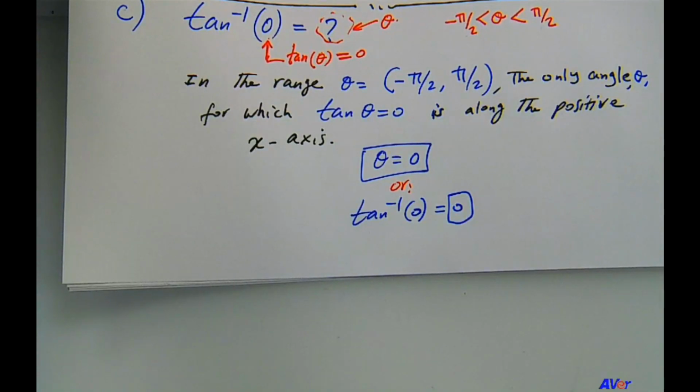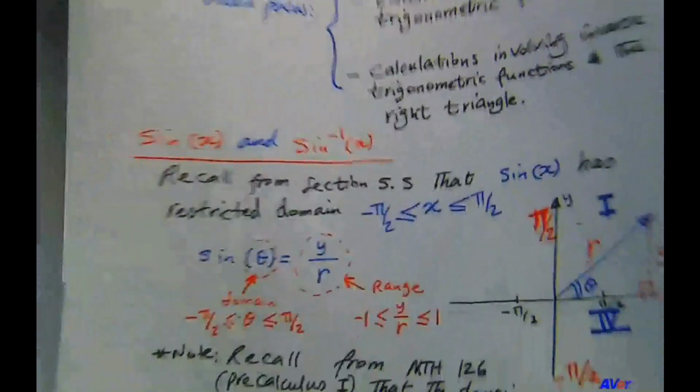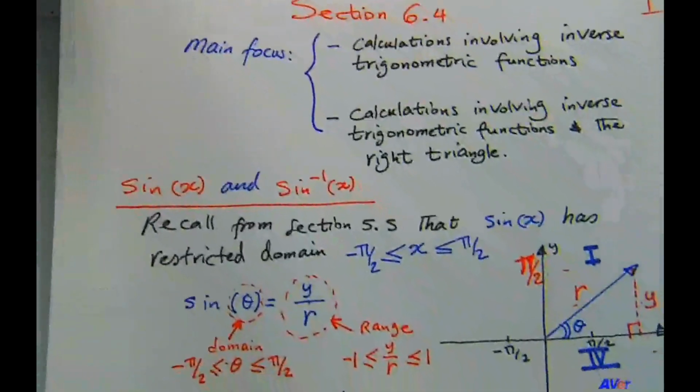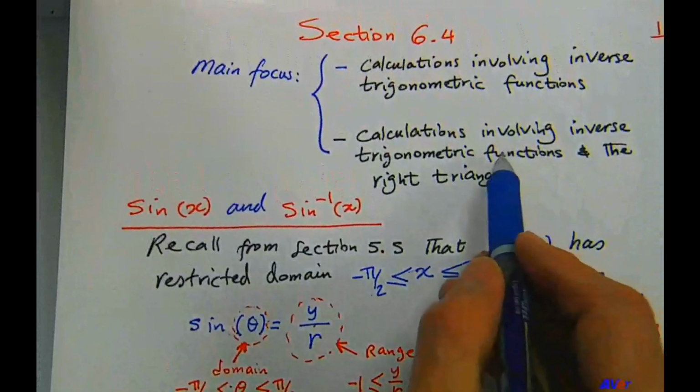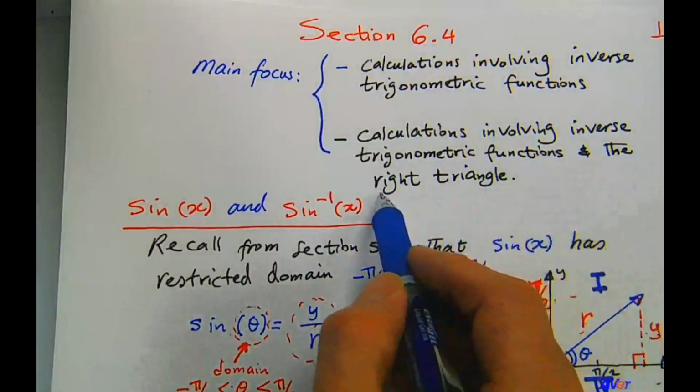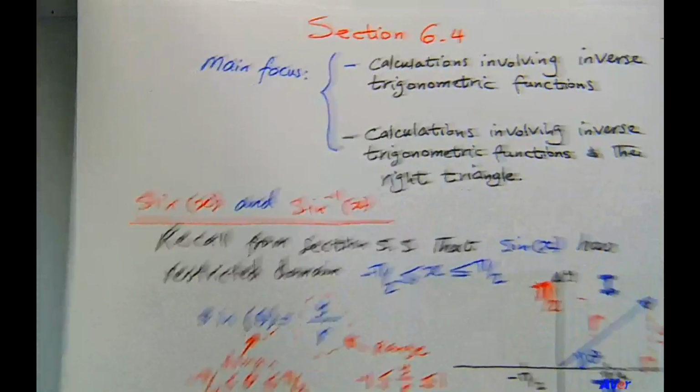Okay, so this was a good discussion covering how we evaluate inverse trigonometric values. In the beginning, I mentioned that another topic we're going to talk about is the calculations involving inverse trigonometric functions and the right triangle, right? So we're going to talk about that now.